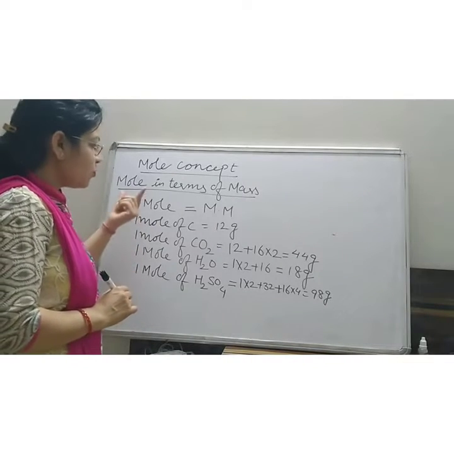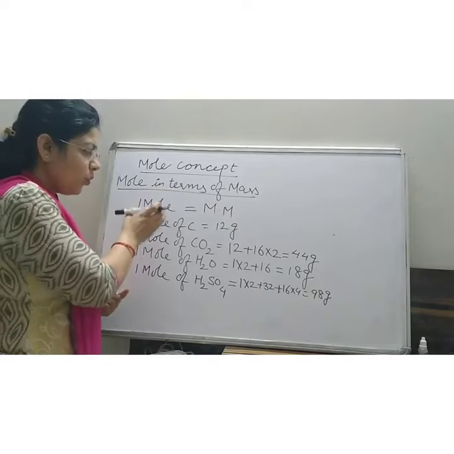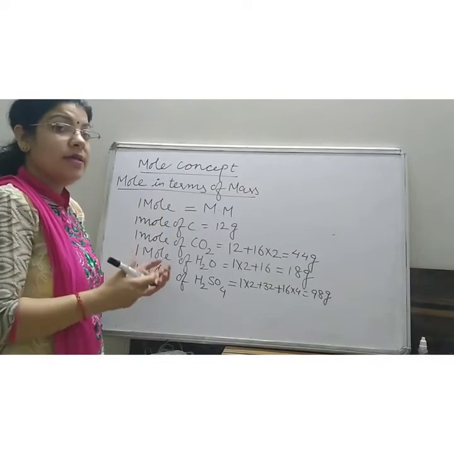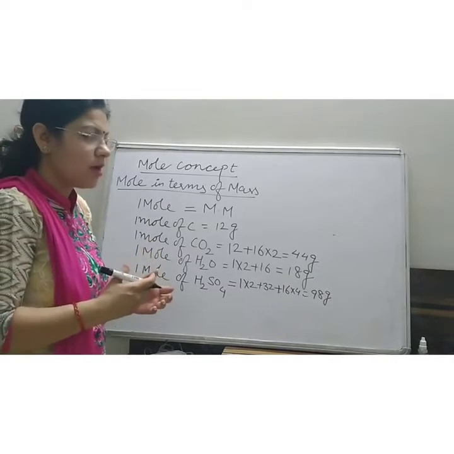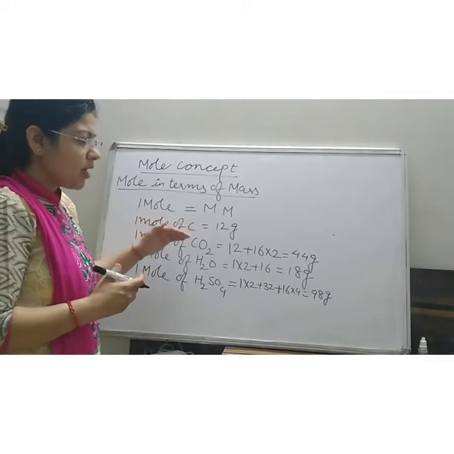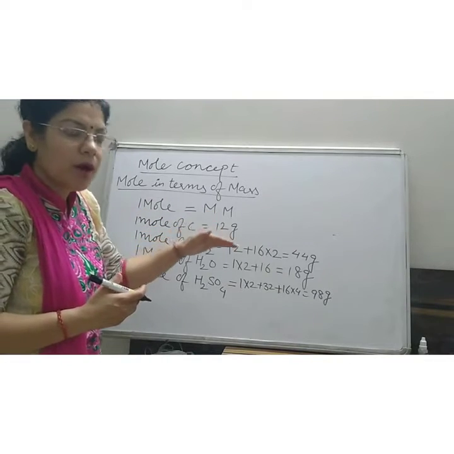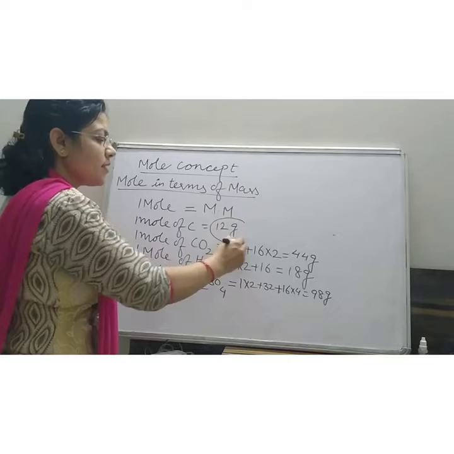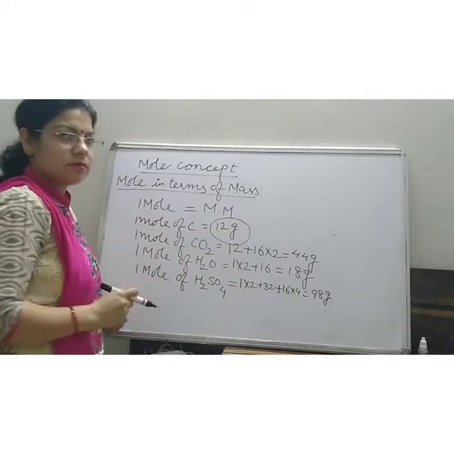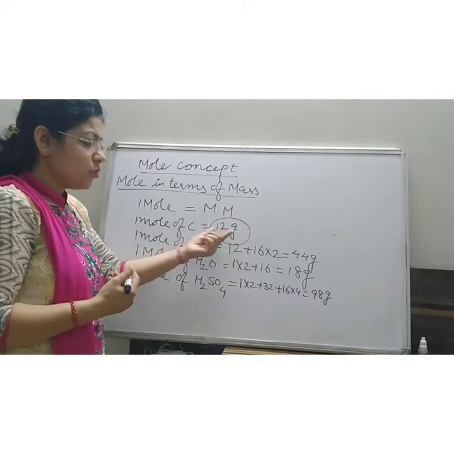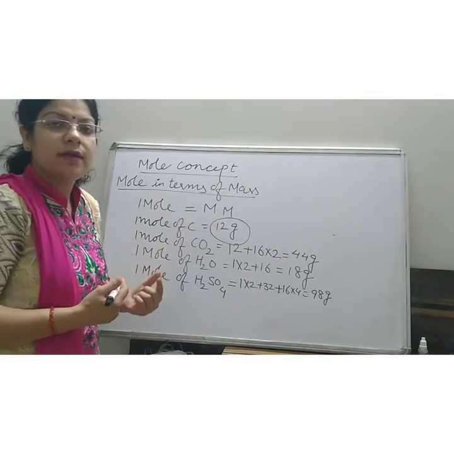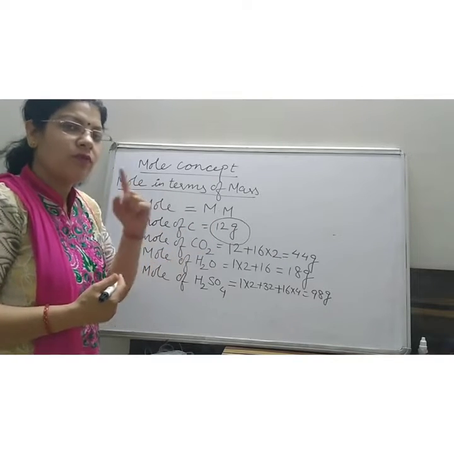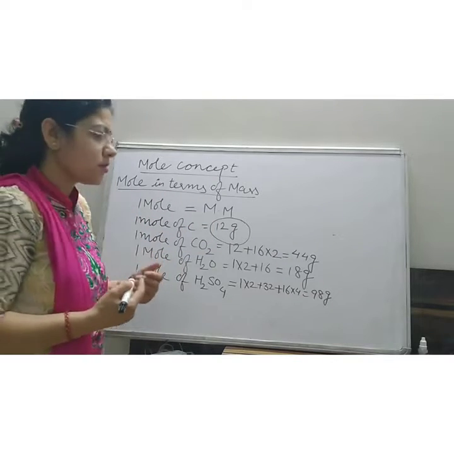Now in terms of mass, 1 mole is defined as the quantity of the substance that has mass equal to its molecular mass, also known as molar mass. Why is it known as molar mass? Because it is the mass of 1 mole of the substance.